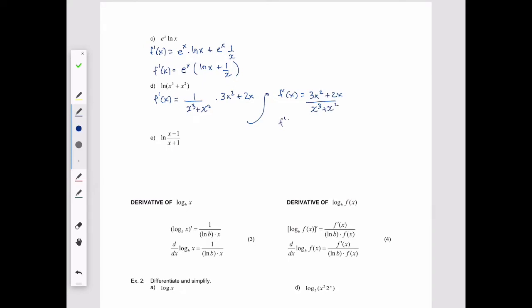I'm going to factor out an x, and we get 3x plus 2 on the numerator, and on the denominator, we're going to factor out x squared, and we get x plus 1. The x on the numerator cancels out with an x in the denominator, and our final answer is f prime of x is equal to 3x plus 2 over x times x plus 1.